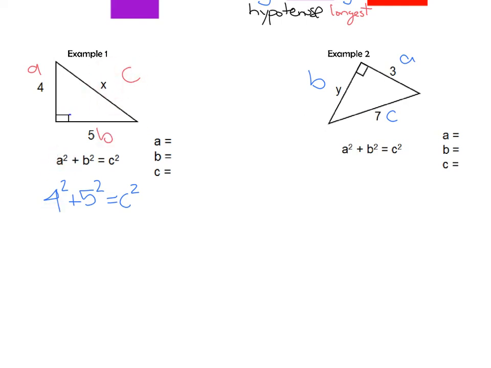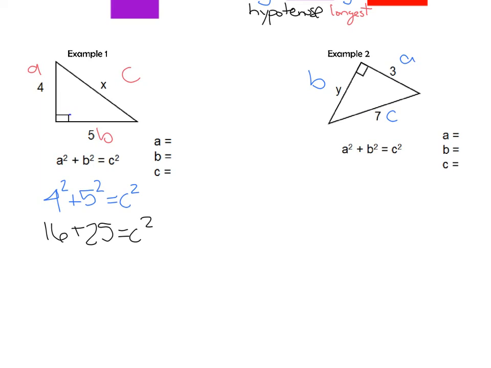So if we were to use A is 4 and B is 5, then we would have 4 squared plus 5 squared equals c squared. Notice I'm using Pythagorean theorem here. So if I were to work this out, 4 squared is 16 plus 5 squared, 25 equals c squared.